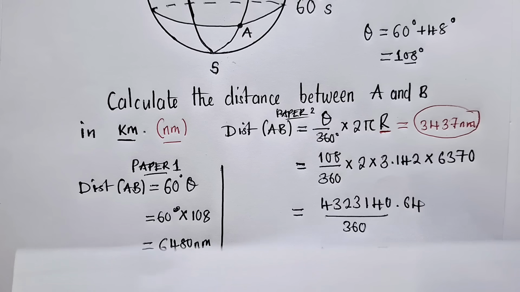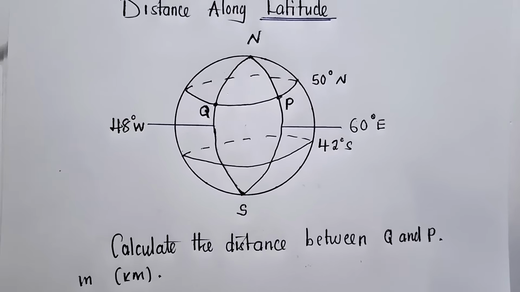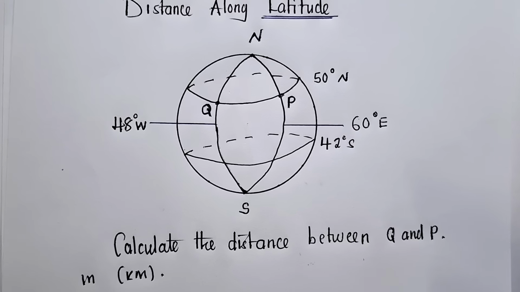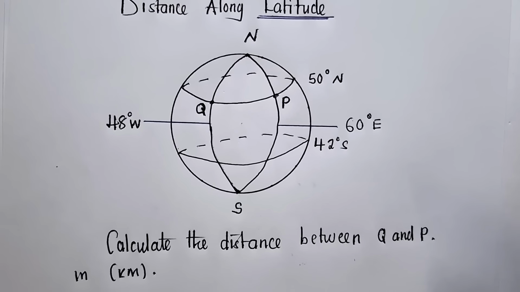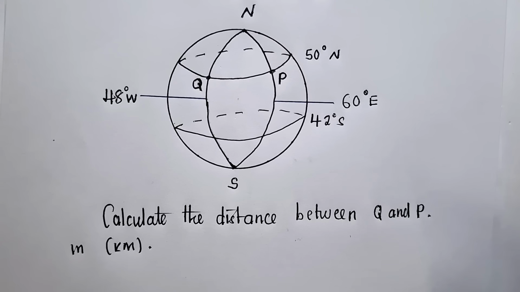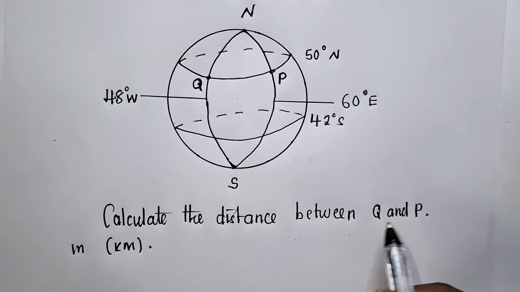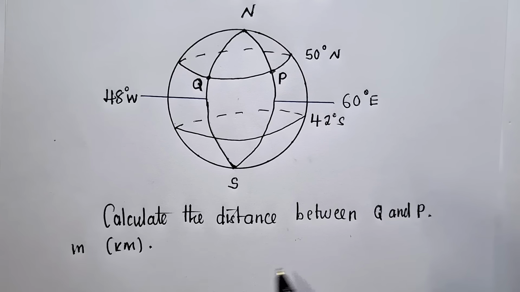Okay, we now check out finding distance along the latitude. So look at the question. They're saying calculate the distance between Q and P in kilometers.